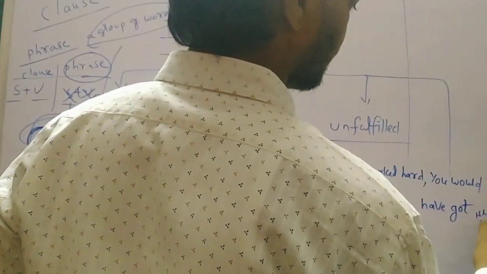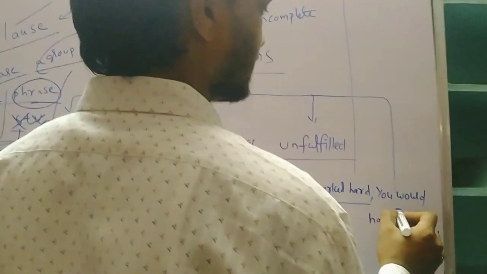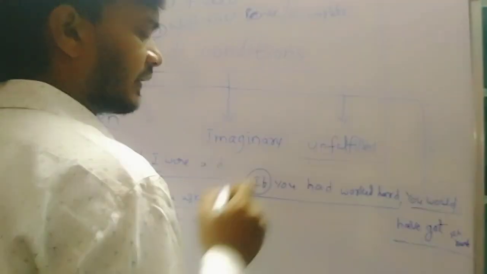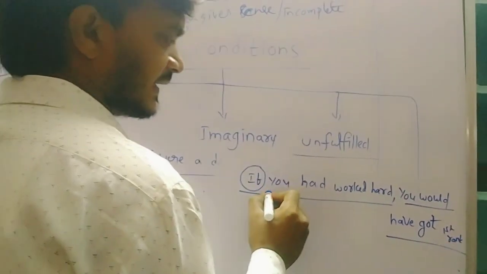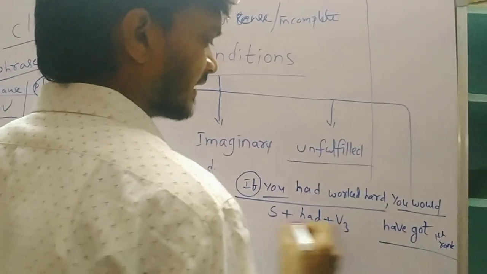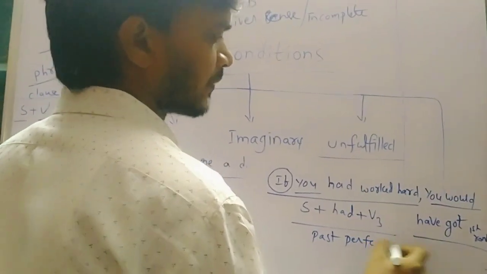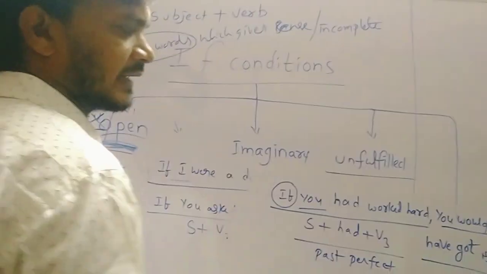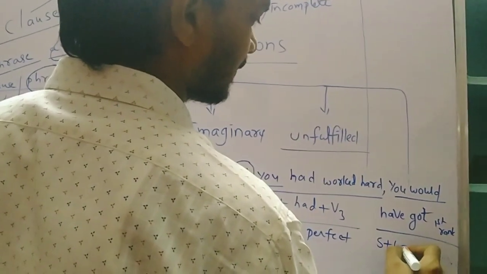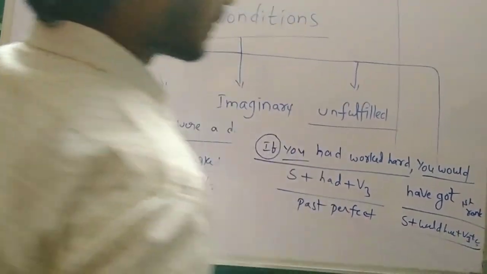If you see this sentence, this is the if clause and this is the main clause. This is the if clause because here we have the if conjunction. It is in the structure subject plus had plus V3 plus object, which is also called past perfect tense. In the main clause, you would have got, the sentence structure is subject plus would have plus V3 plus object.